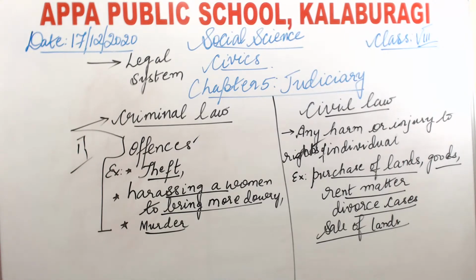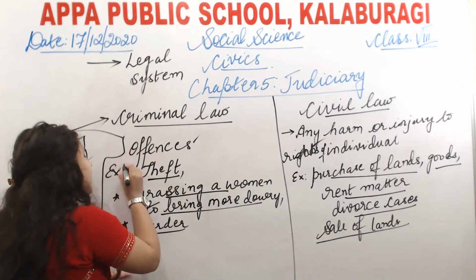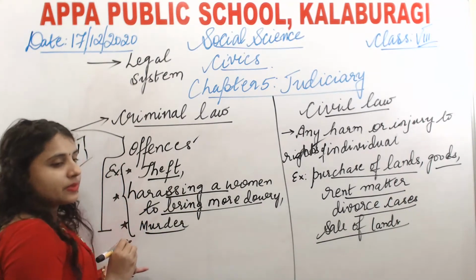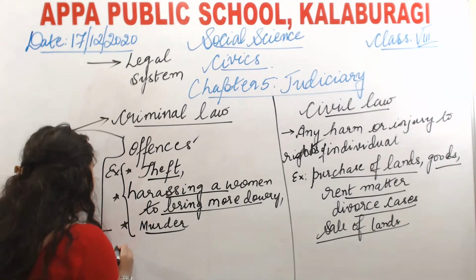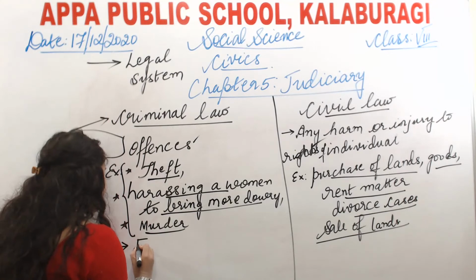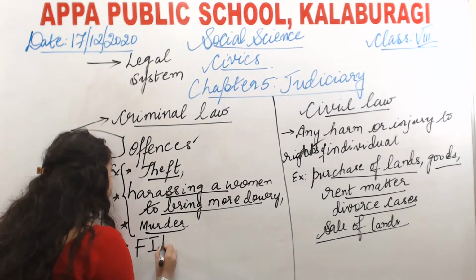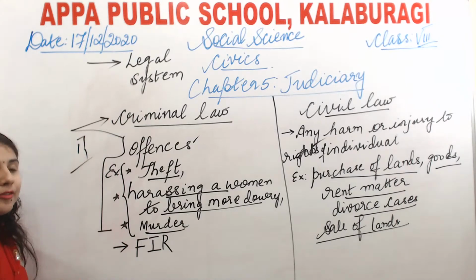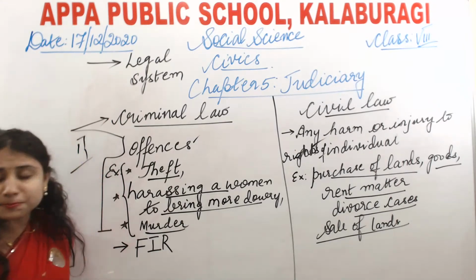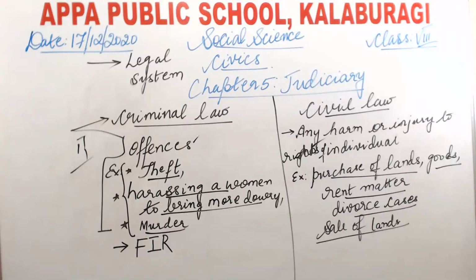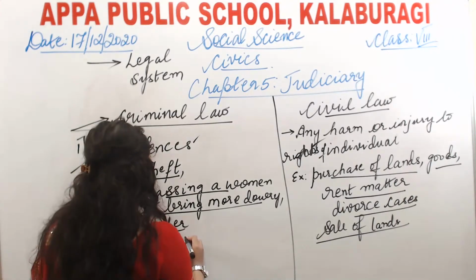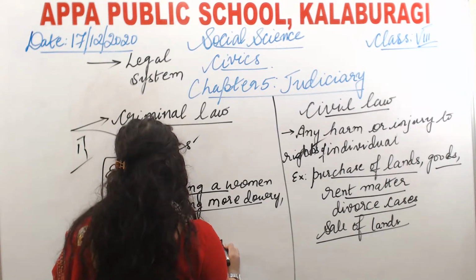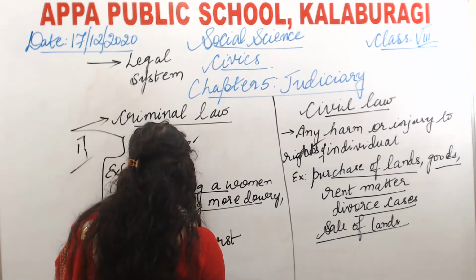The next thing: it usually begins with the lodging of an FIR with the police who investigate the crime, after which a case is filed in the court. If any one of these offenses has taken place, how does the investigation begin? By filing an FIR, a First Information Report.